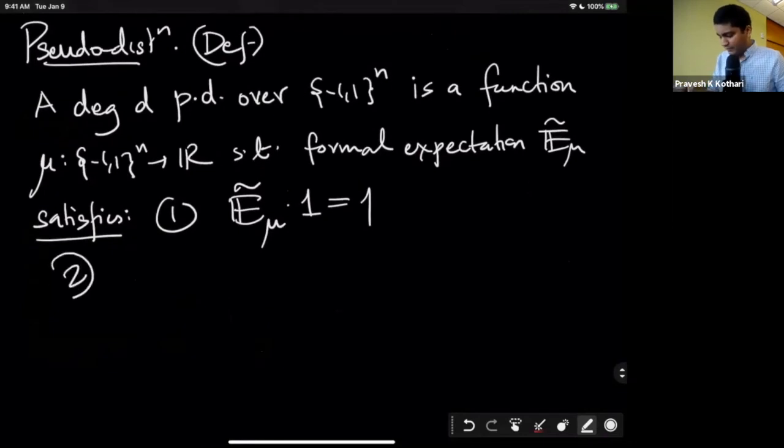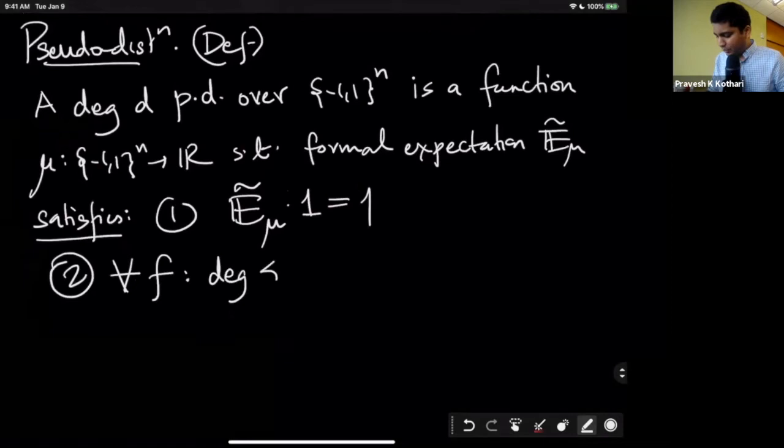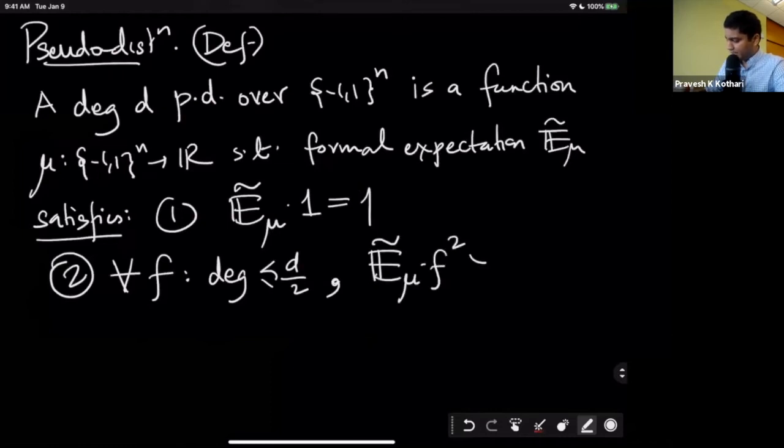And two, for all functions f of degree at most d over 2 as polynomials over the hypercube, E twiddle mu of f squared is non-negative. So this is something non-trivial that I'm imposing. I told you at first that we're going to try to reason what properties of distributions a pseudo distribution inherits.